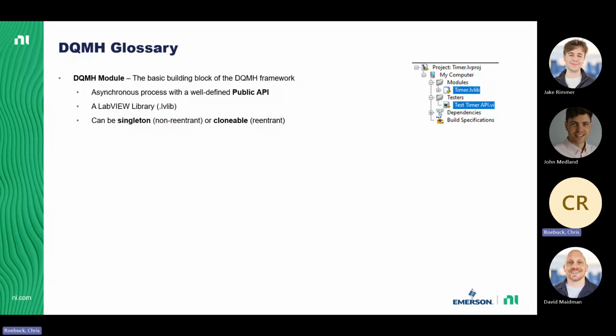And I say that because one of the most heartbreaking questions in TSE that I get about DQMH is, hey Chris, I created a singleton DQMH module to control something, and now I need two of those modules. And invariably my response is, I'm sorry, you're going to have to go and build that module again as a clonable module. And they say, can't I just add the parts to make it a clonable module?